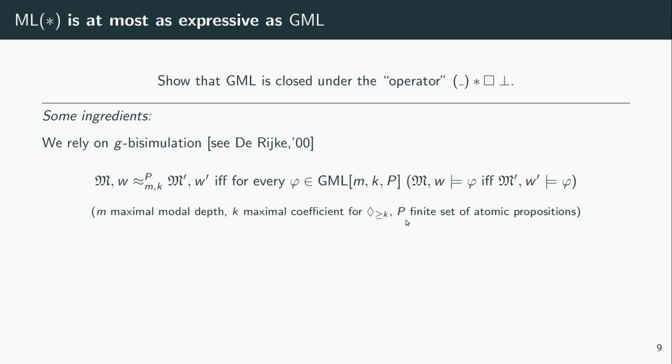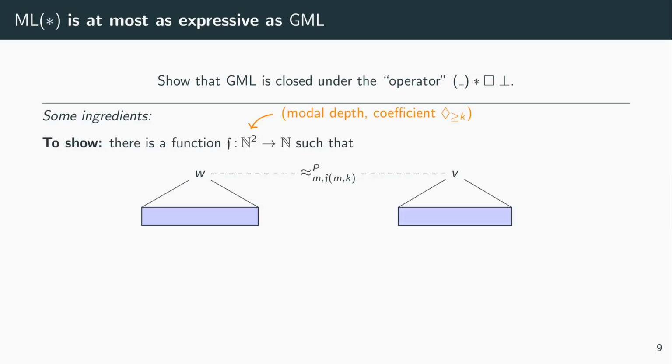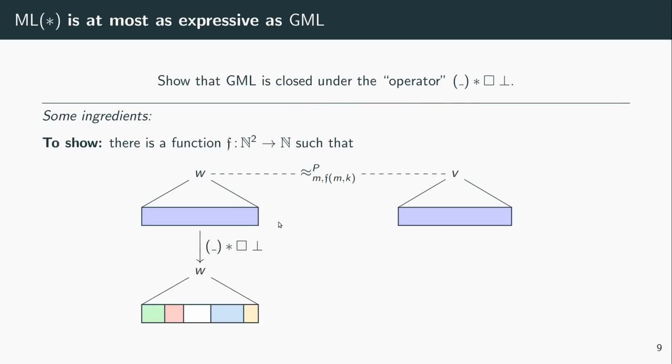So once we have this indistinguishability relation, we apply a standard simulation argument. We will say that there exists a function which depends on the modal depth and on the coefficient of the graded modalities, such that when two models are G-bisimilar with respect to M, K, P, then for every way I have to use the star box bottom operator to remove some descendants of my model on the left, the children of W can jump around in different equivalence classes of the G-bisimulation, and we start satisfying other formulas of GML.